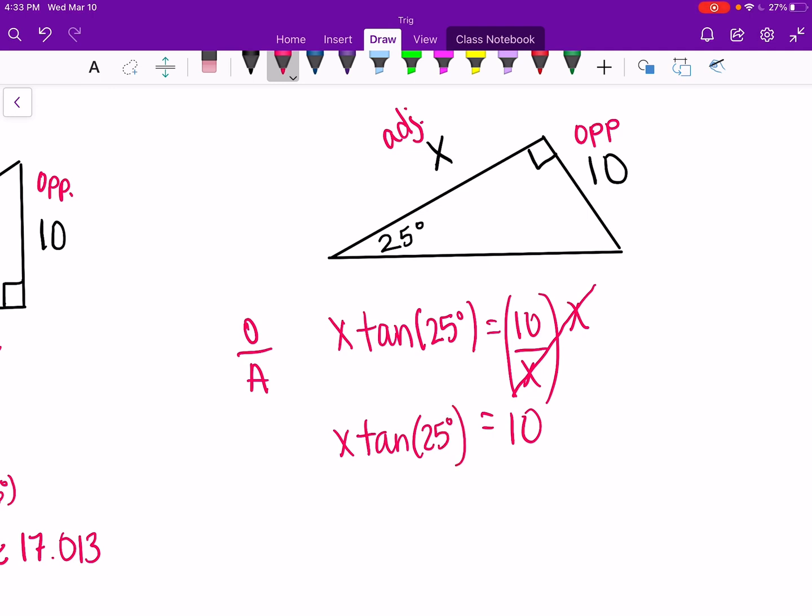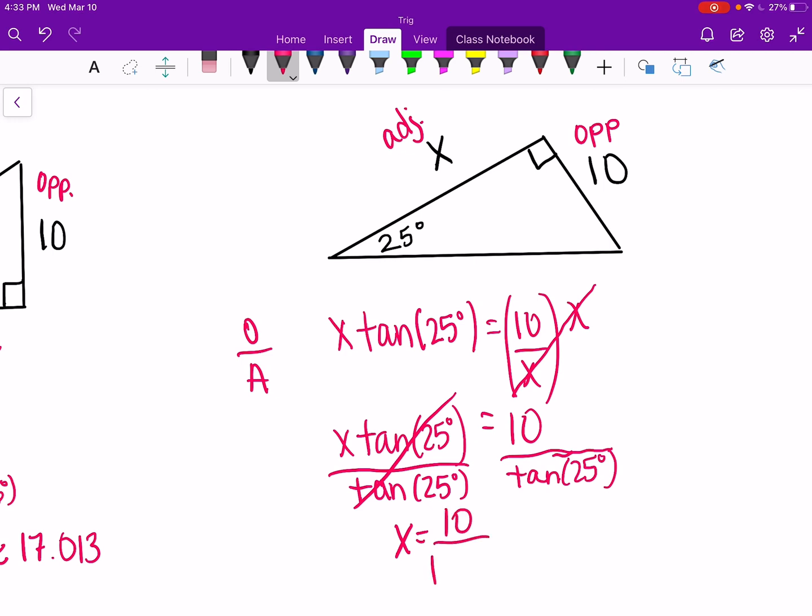To get x by itself, we need to divide both sides by the tangent of 25 degrees. So x is equal to 10 divided by the tangent of 25 degrees. When you type that into your calculator, just as it appears, you should get approximately 21.445. And that's all I have for you today.